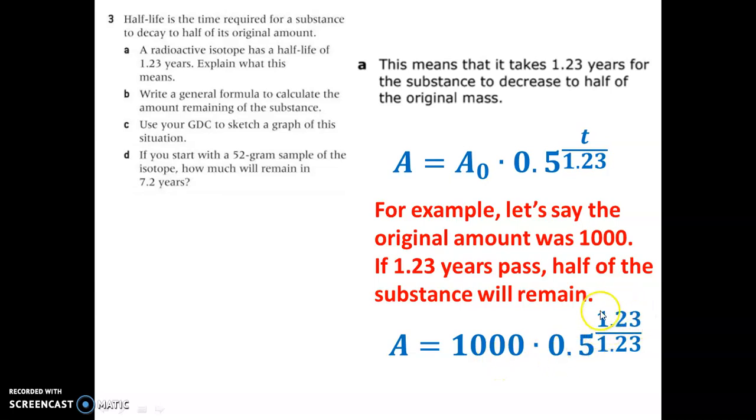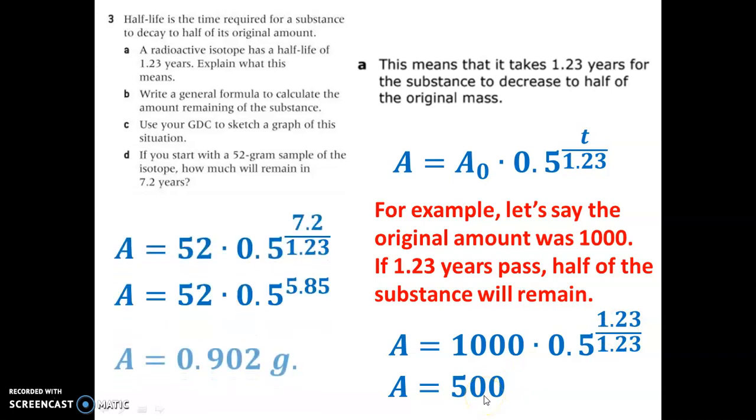If 1.23 years passed, so we replaced the t with that, then the exponent would become 1, and we'd have 1,000 times 0.5, which is 500. So that explains why this must be set up like this, because that creates what we need, the half amount. Here's the answer for the rest. Check it out.